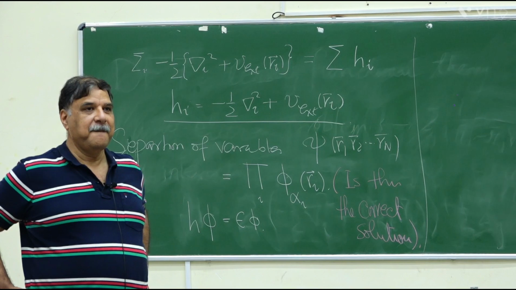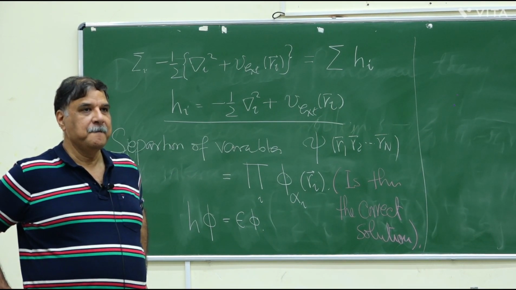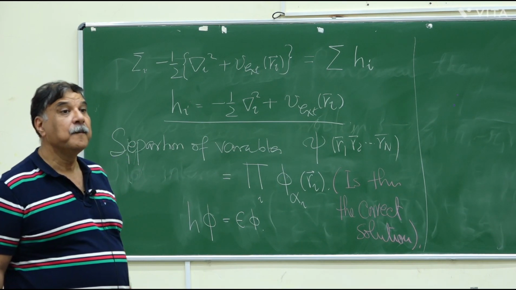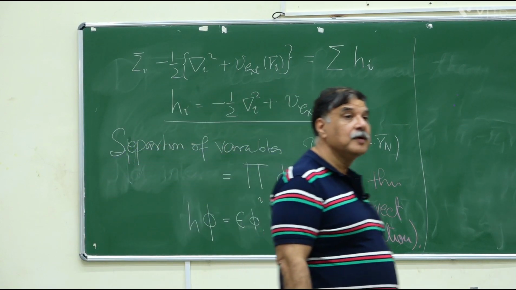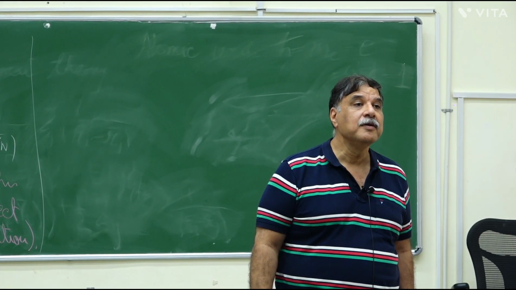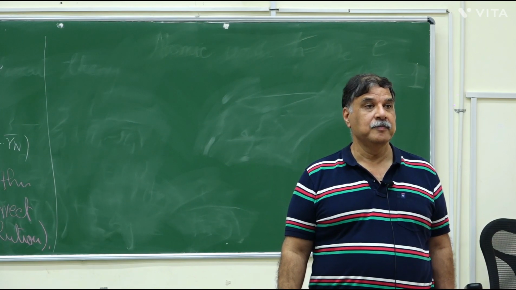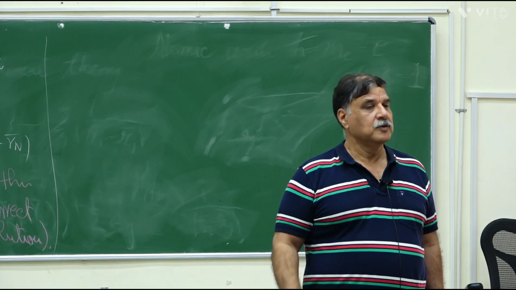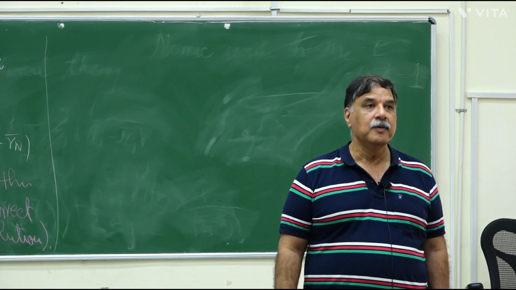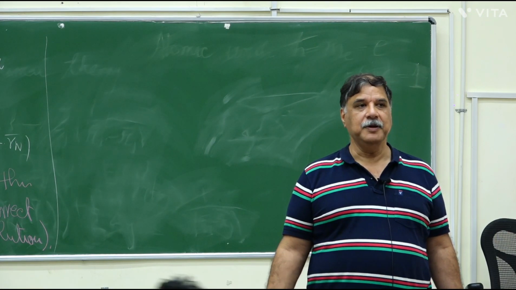Why not? What have I left out? The interaction with the electron? No, that I have ignored, right? I'm solving the non-interacting problem. That part is gone. Coulomb part between electrons is gone. And phi is just a one electron function. Is this solution complete?